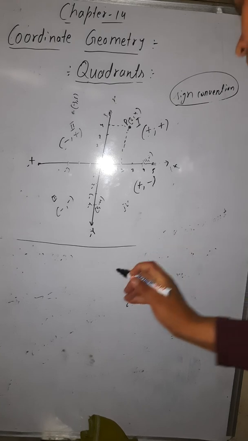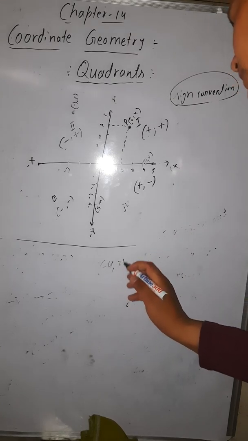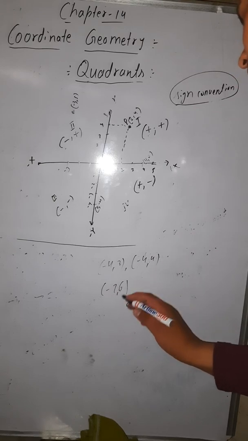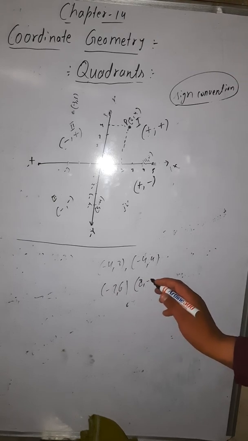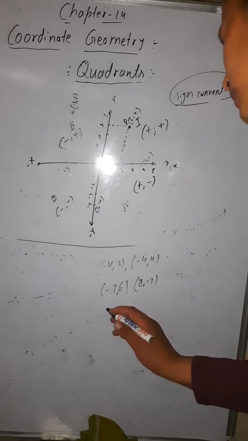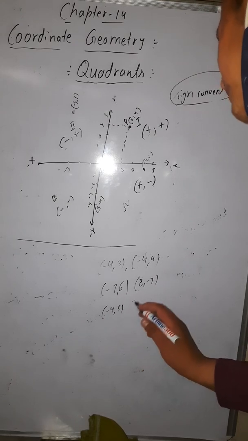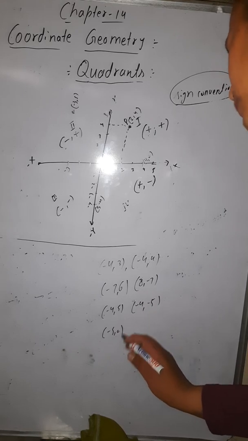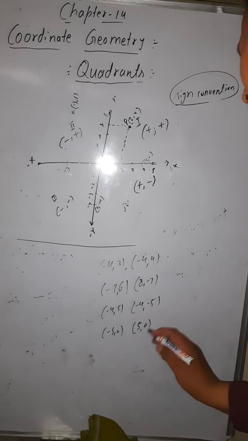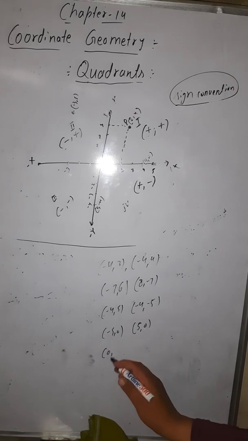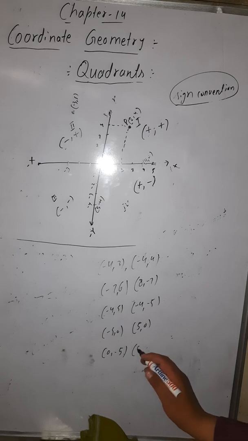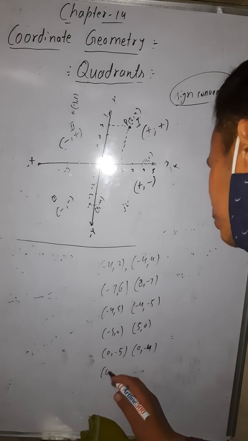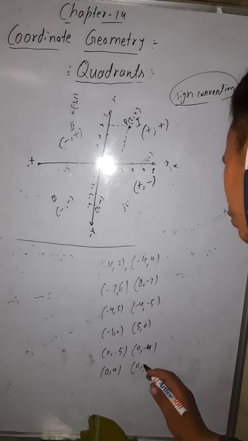You have to tell: (-4, 3), (-4, 4), (-7, 6), (8, -7), (-4, -5), (-5, 0), (5, 0), (0, -5), and (0, -4).